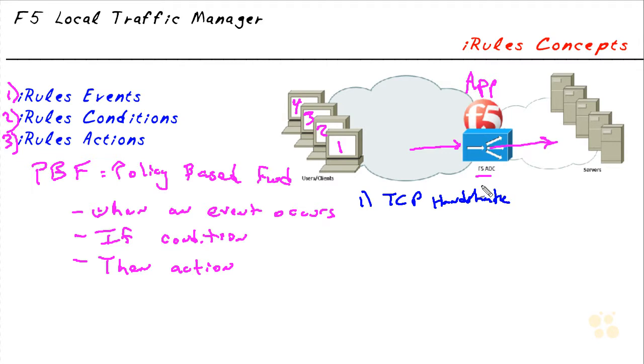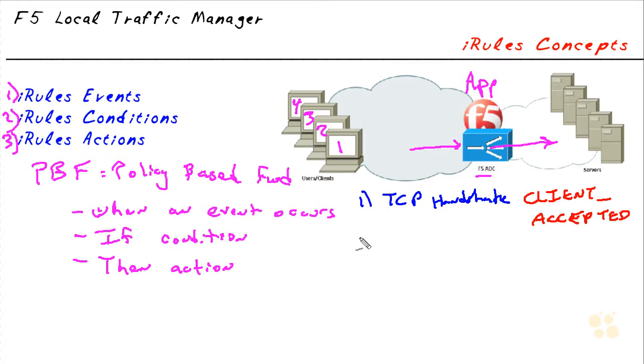So that'd be my SYN, my SYN-ACK, my ACK. Now, when I do that, that is an event. So client accepted. Okay? So we see that going on as our first stage.